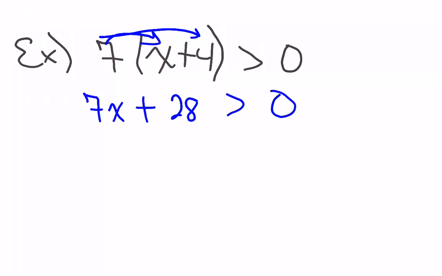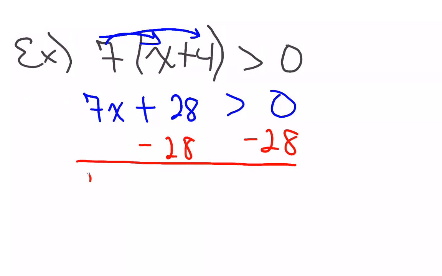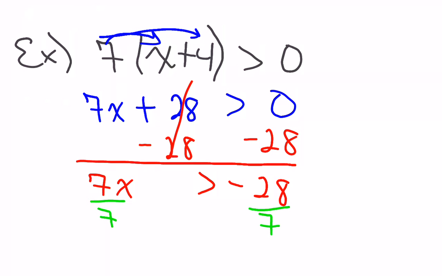And we keep solving. So now subtract 28 from both sides. We have 7x, that's 0 minus 28 is negative 28. And divide by 7 on both sides. So x is greater than negative 4.